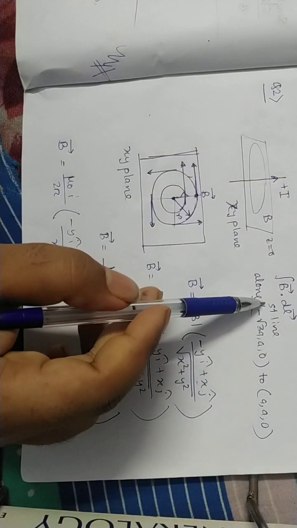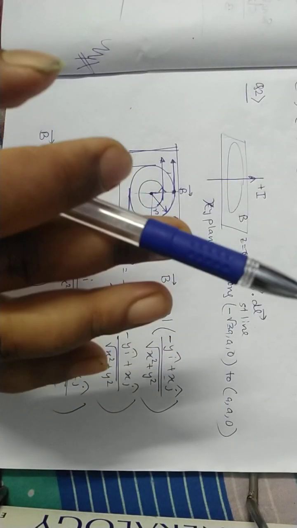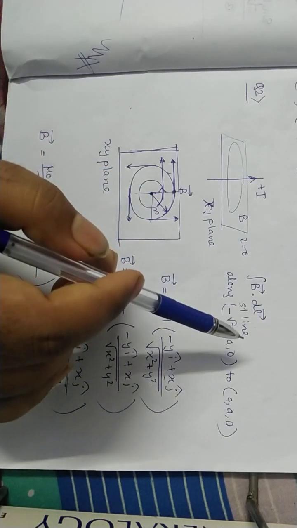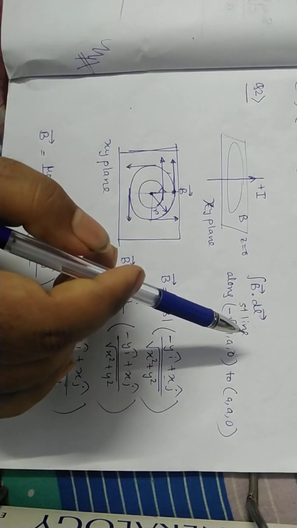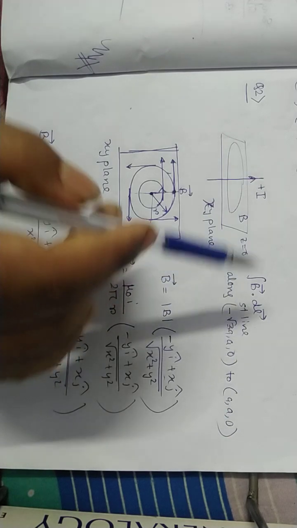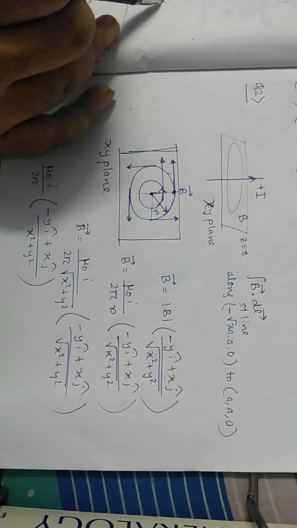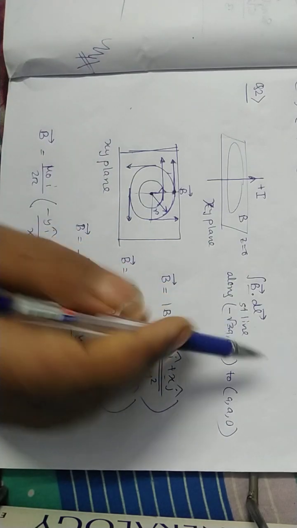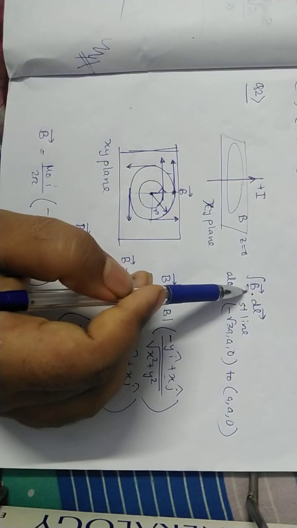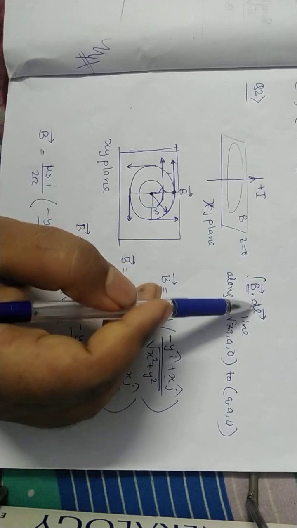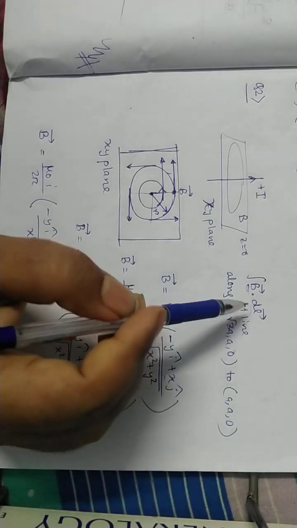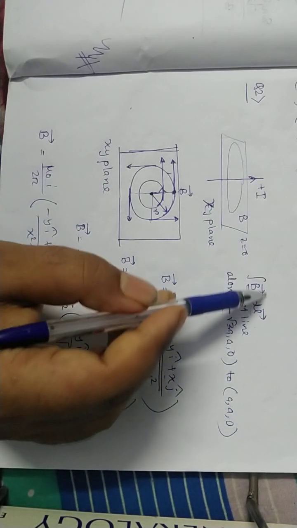So finding out the line integral is similar to the case where there was force here and there is dl here. Suppose you are given force.